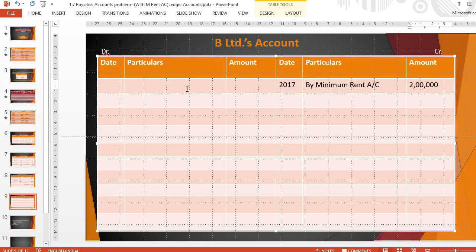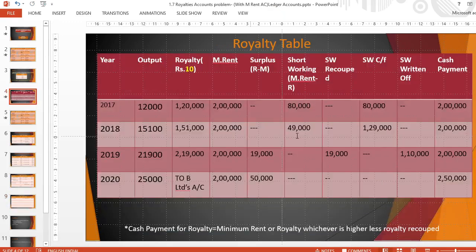And the second transaction is for the payment of royalty to the lessor. So in 2017, for the payment, lessor's account debits to bank account. Here we need to check the final payments to the lessor.